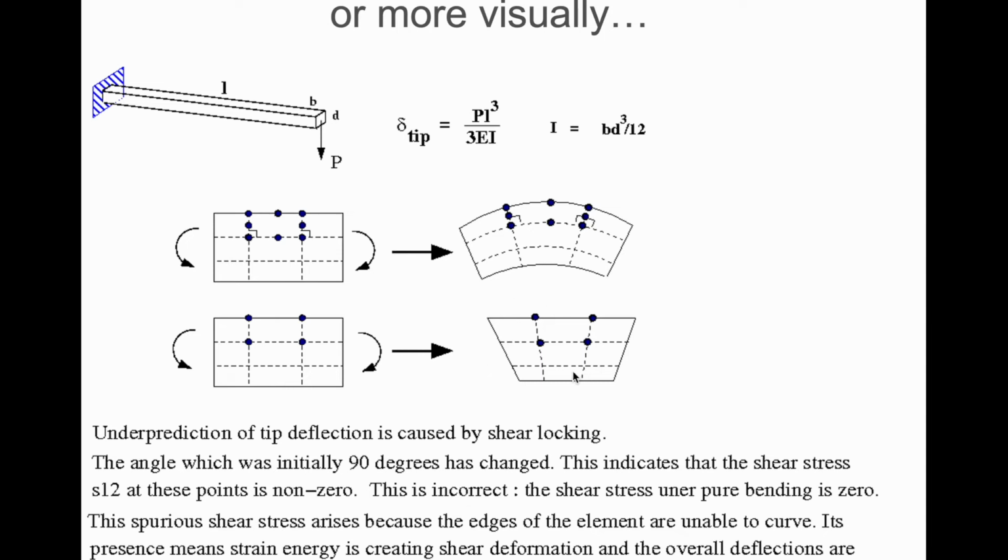So you can see here that the edges are unable to curve, and so we are going to have a shear deformation that's artificially created.